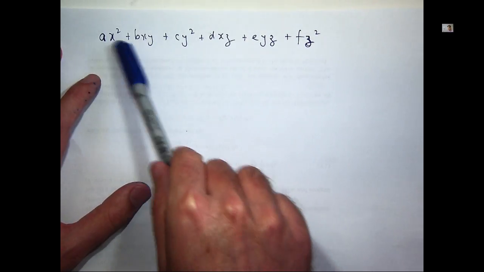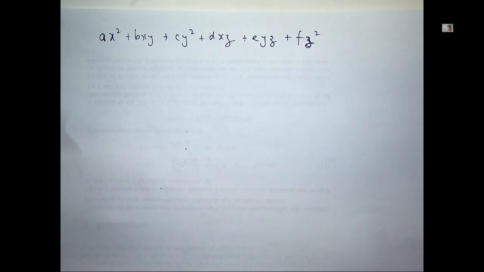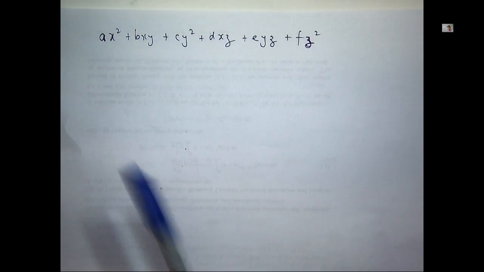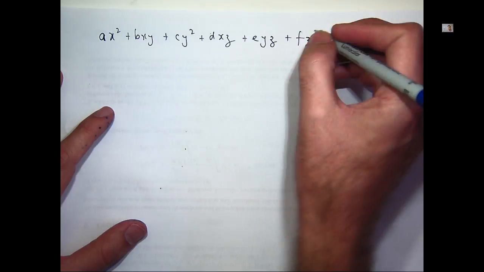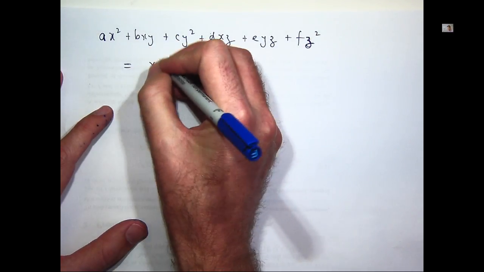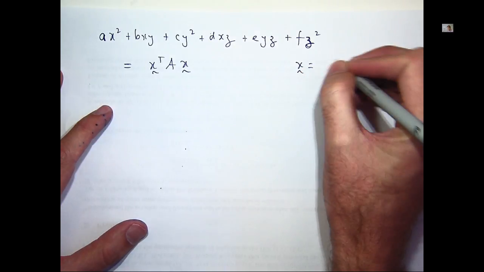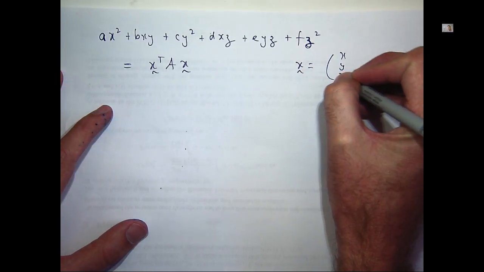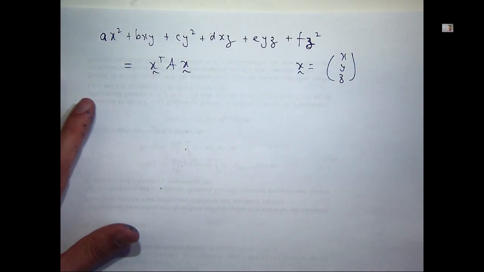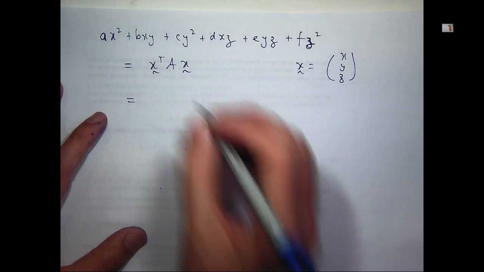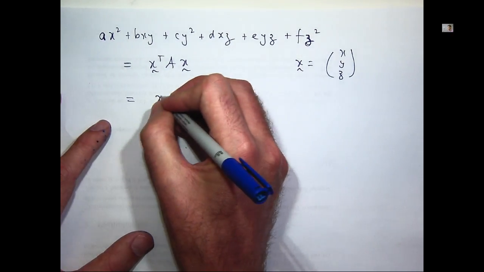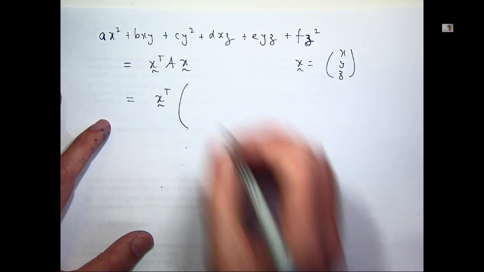A, B, C, D, E, and F are all constants. So how do I actually write this in the following form, for some symmetric matrix A? Well, it's just the following.